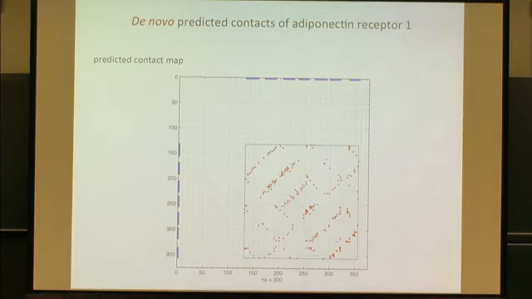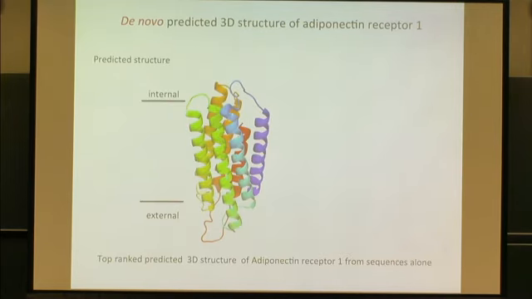But we're just going to apply exactly the same algorithm, the same software, and enforce these pairs as distance constraints. And this is the predicted structure that we get. Now we're ranking this blindly. We've got all these 200 or 400 predicted structures that came out of our software, and we had to just pick the one that we thought was best.